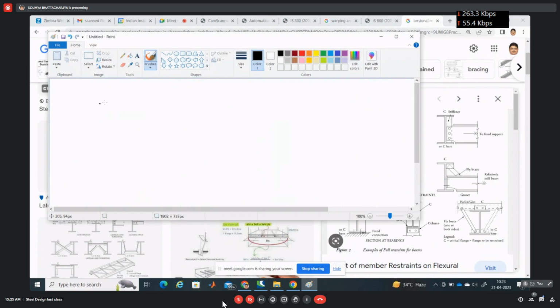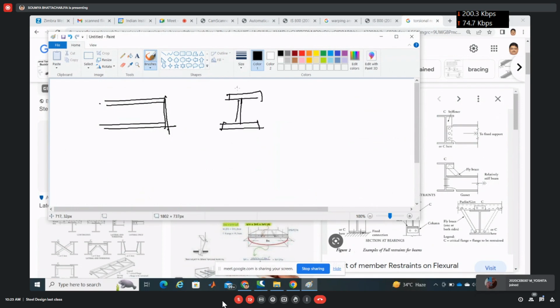So this is, say, the end of the beam, a simply supported end. How can I prevent the twisting of the section? One way may be by providing the bearing stiffener.